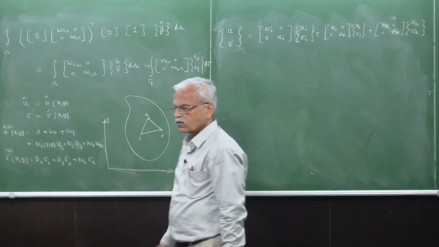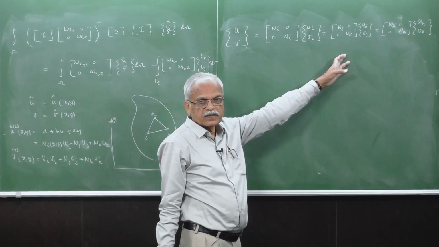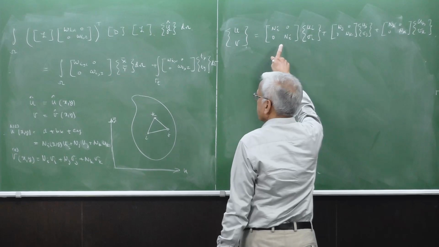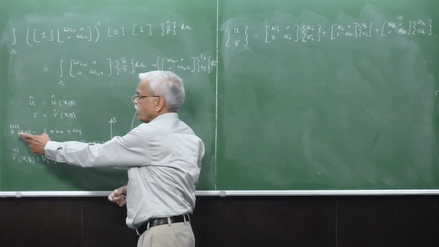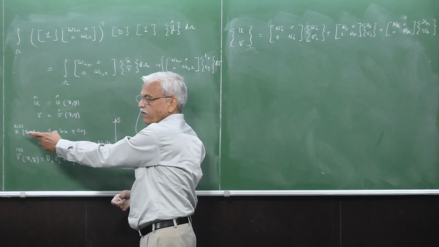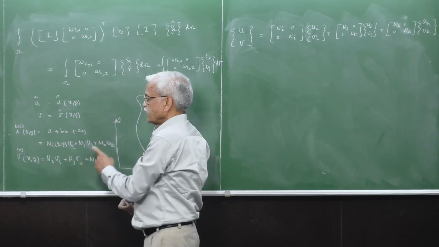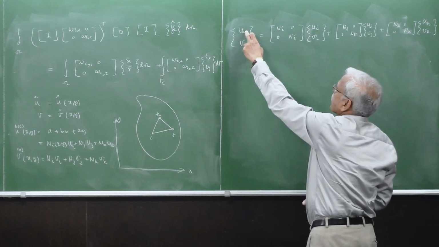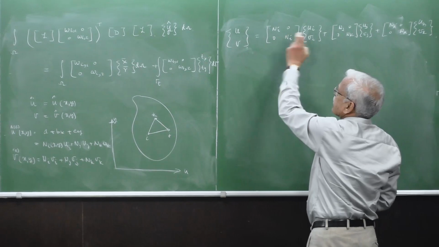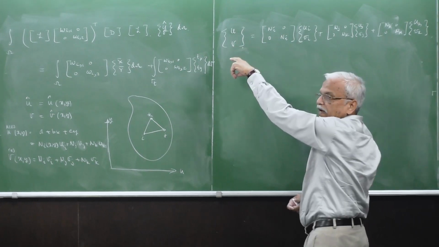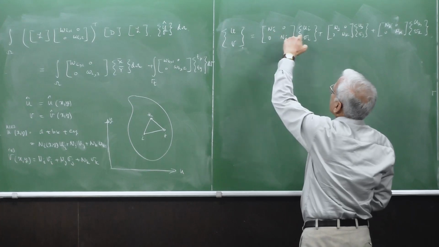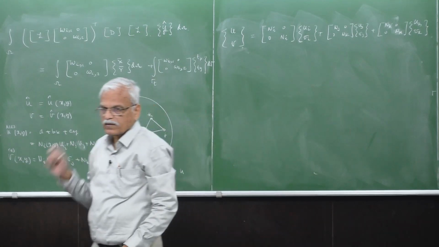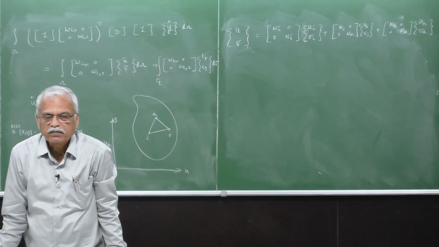Okay, so it looks like things have become bigger, but it's not really that complex. It's only that earlier we used to have a simple one-variable expression, something like phi is Ni phi i plus Nj phi j. Now we have 2 variables u and v. If you call this phi, it has 2 components, and N is 2 by 2, so phi i, phi j, phi k have now become 2 components.